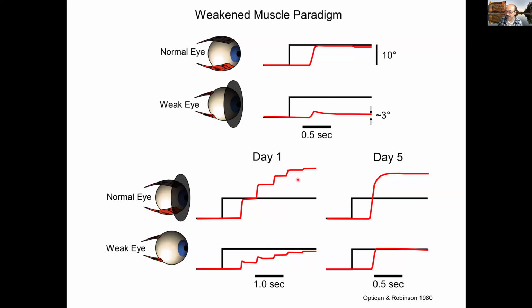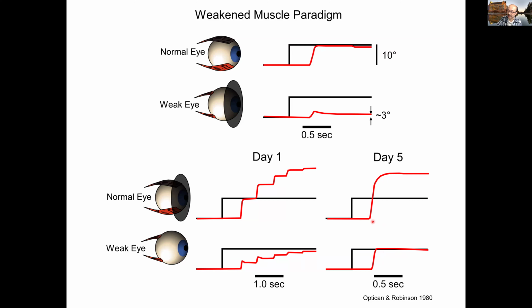And on day 5, the weak eye actually reached the 10-degree target in a single saccade, but the normal eye produced a saccade with more than twice the amplitude of the target.